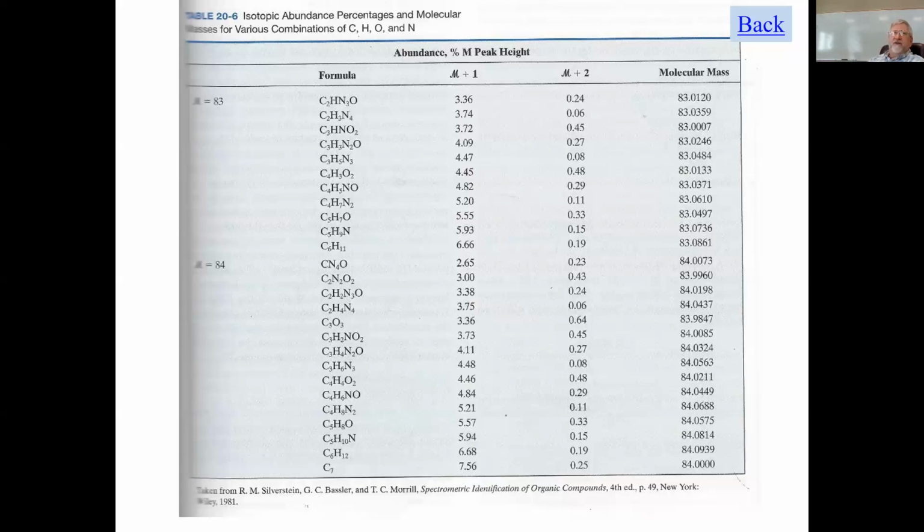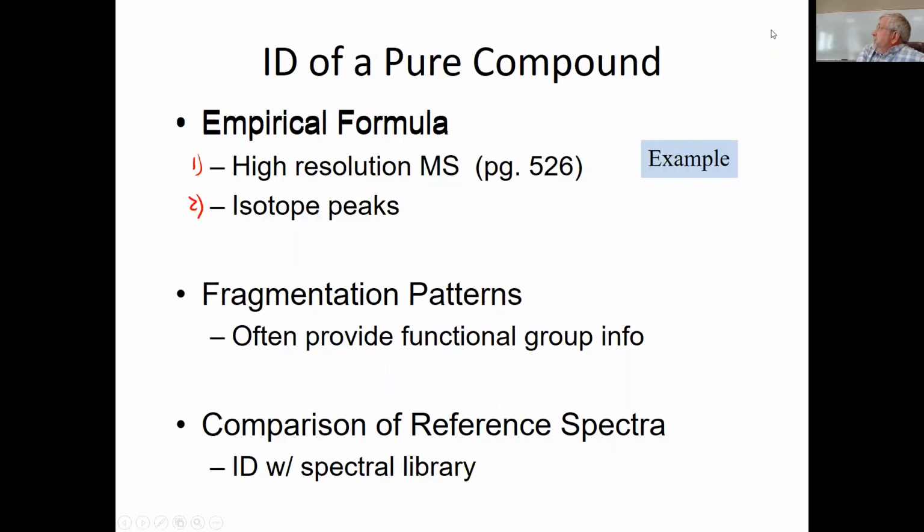We usually ignore it, but here it's starting to show up. And so if you have 83.0133, then you say, oh, that's C4H3O2. Okay. So that's one way to figure out the empirical formula or the molecular weight.